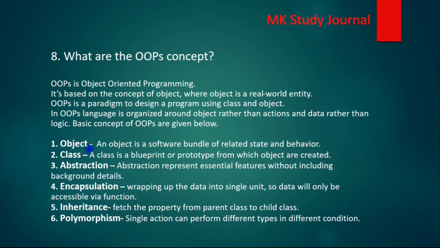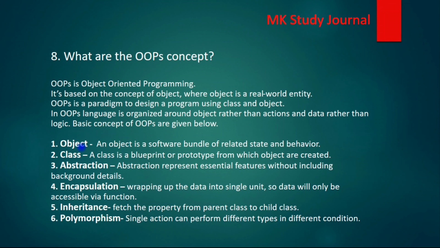And a class is a blueprint or prototype from which objects are created. Abstraction is where we hide the details of the class and only show the essential part. Encapsulation is wrapping up the data into a single unit, so data will only be accessible via functions; the class member variables will not be accessible directly, only via a function or a method.